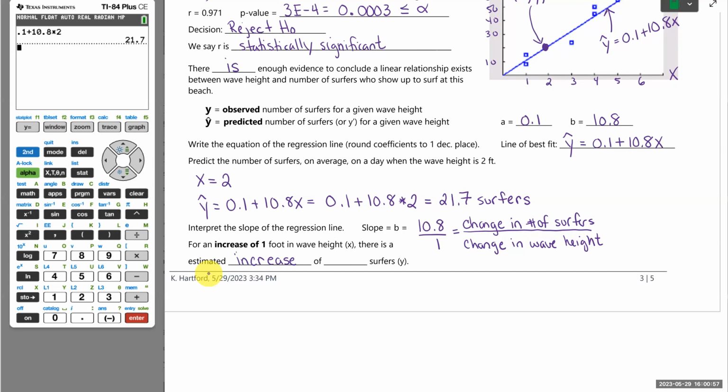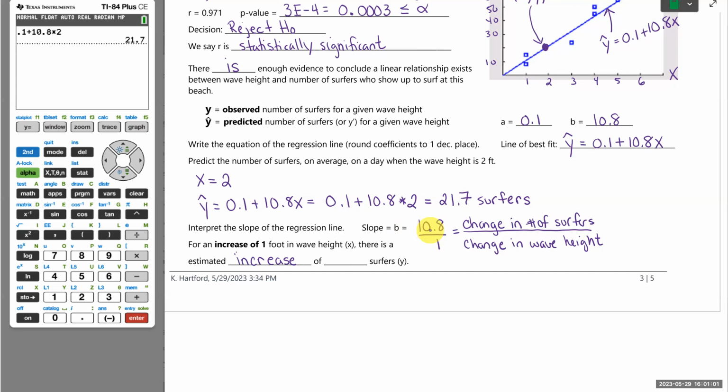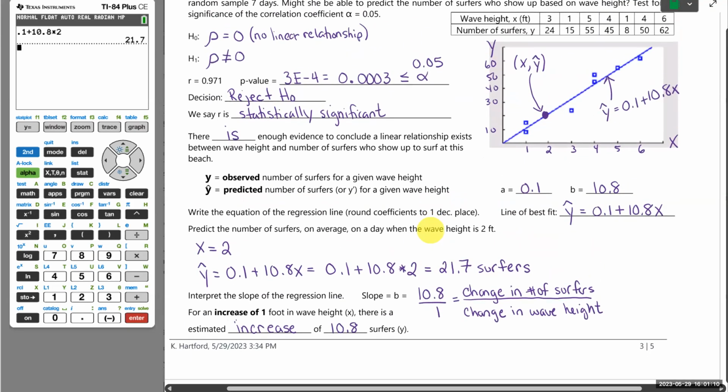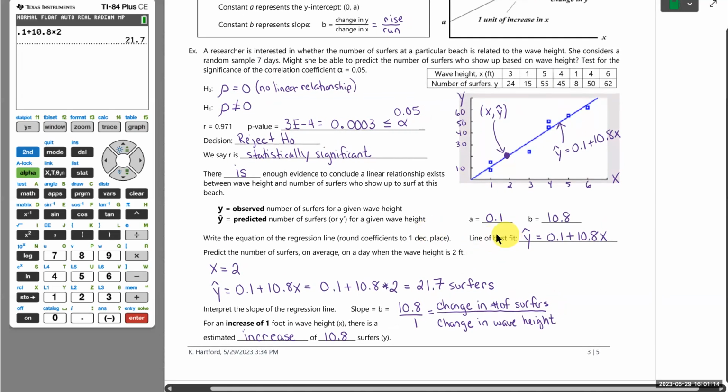And I would expect an increase of, so the change in number of surfers would be 10.8. Okay, and that is how you use the regression line called the line of best fit to make predictions, and we can also interpret the slope.